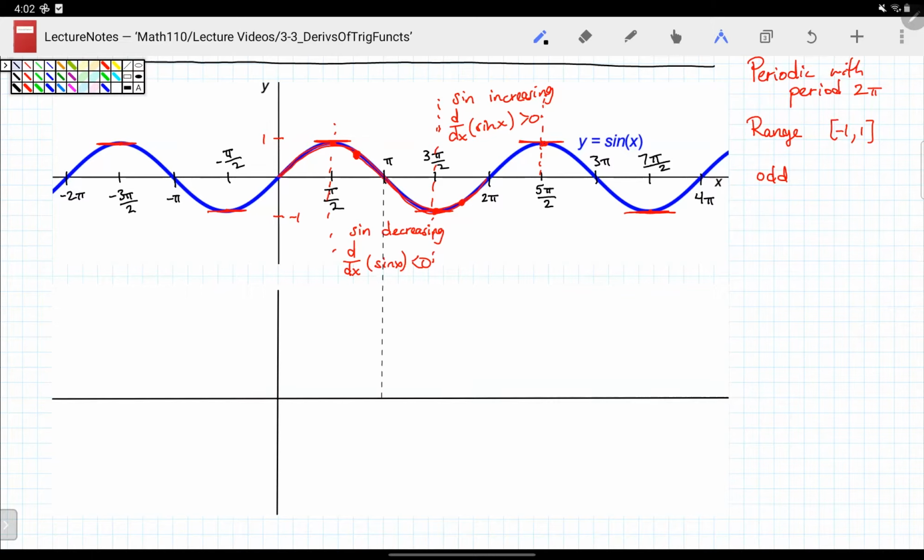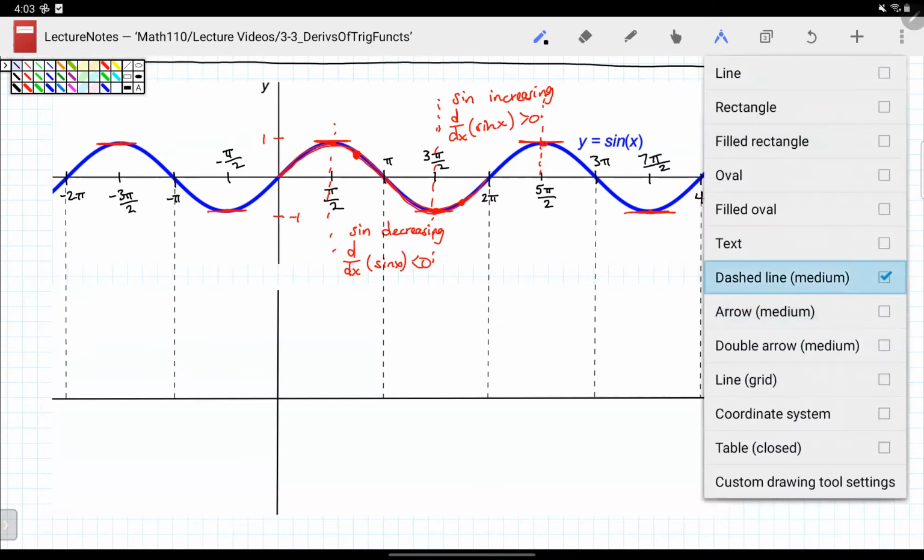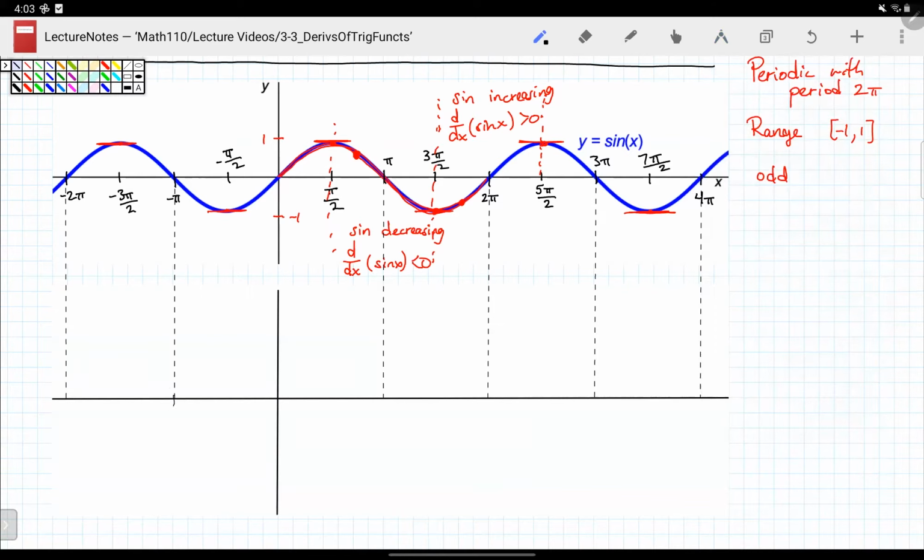And I'm going to mark those pi/2 marks. So here's my negative pi, negative 2 pi, pi, 2 pi, 3 pi, and 4 pi. And I'm just going to eyeball where the middle is of each of these.